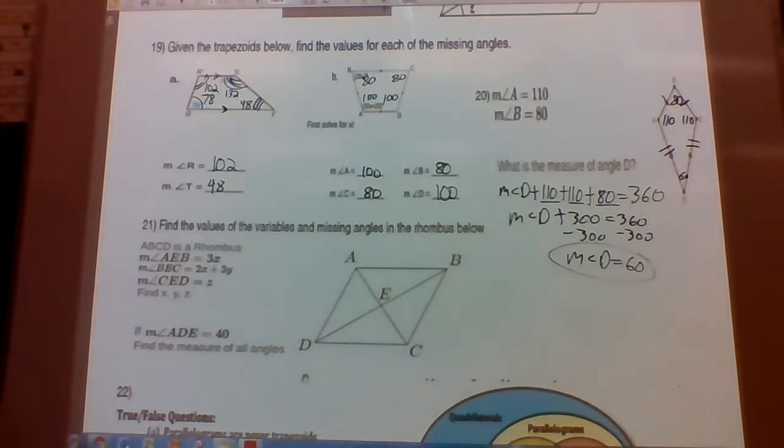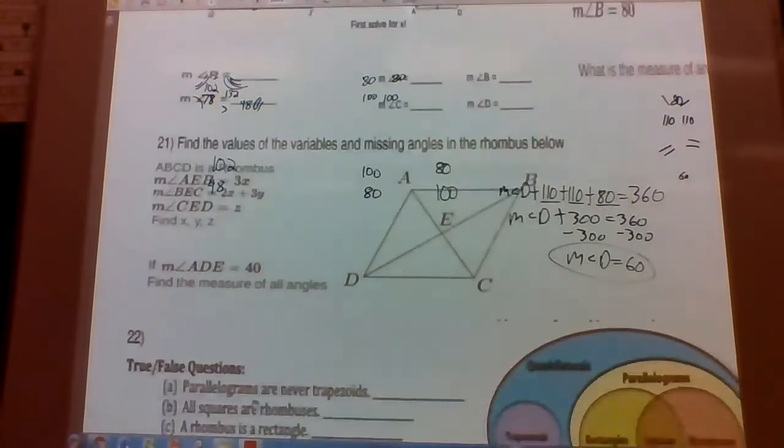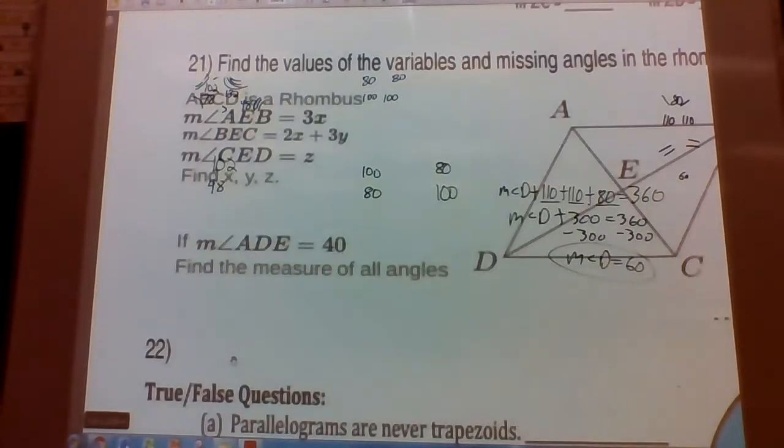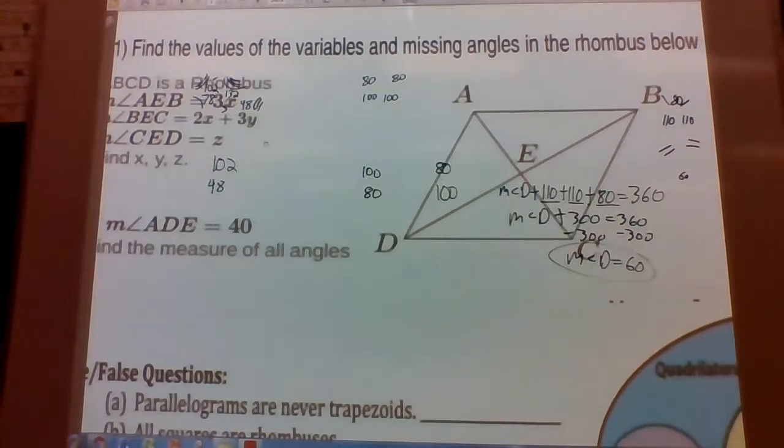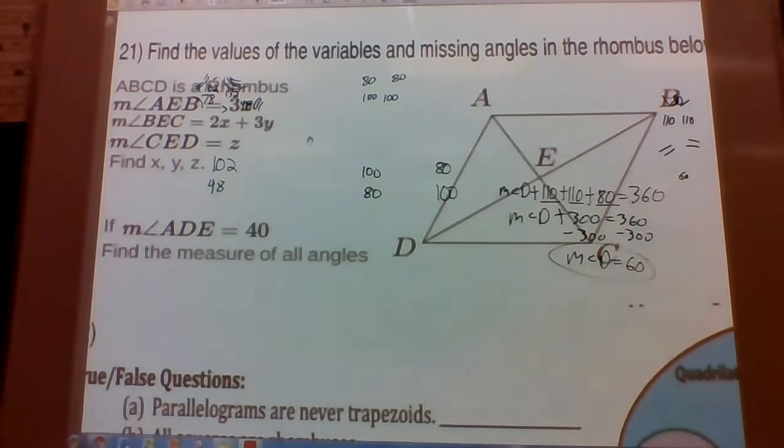Number 21. Find the values of the variables and missing angles in the rhombus below. Okay, let's zoom in just so we have more room. So it's a rhombus.